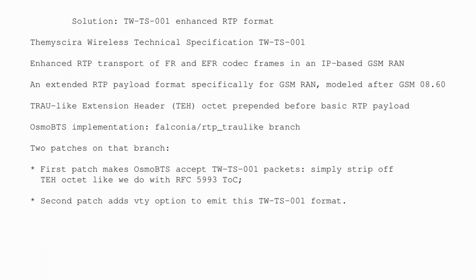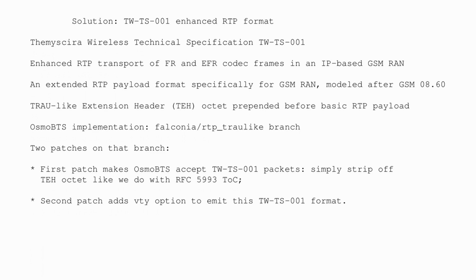So I wrote my own spec. It's called Themyscira Wireless Technical Specification TW-TS-001. And the link to the spec was posted earlier on the OpenBSC mailing list. So I'm sure those of you who are curious about this news may have already seen it.